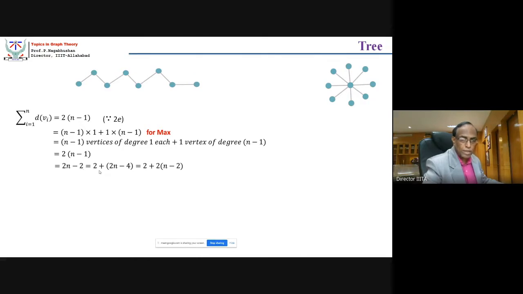So that becomes 2 plus 2n minus 4, which is 2 plus, in 2n minus 4, taking 2 common, 2 into n minus 2. This tells that there are 2 vertices of degree 1, which contribute 2, and there are n minus 2 vertices of degree 2. So this will be 2 into 1 plus n minus 2 into 2. In other words, for minimum, there are 2 vertices of degree 1 and n minus 2 vertices of degree 2 each.